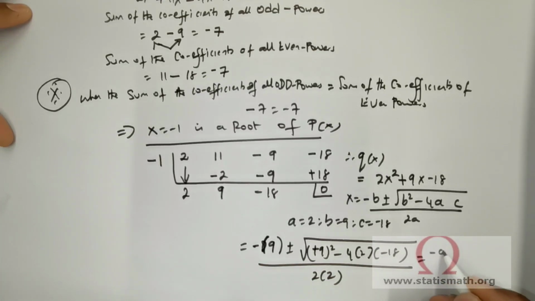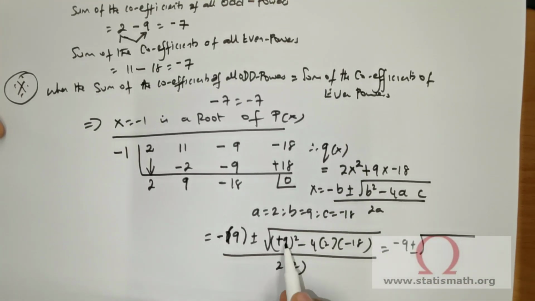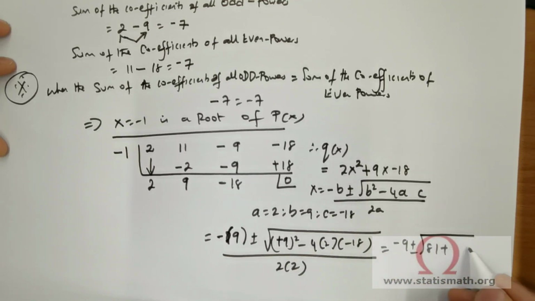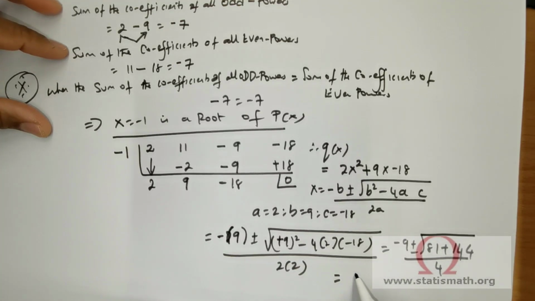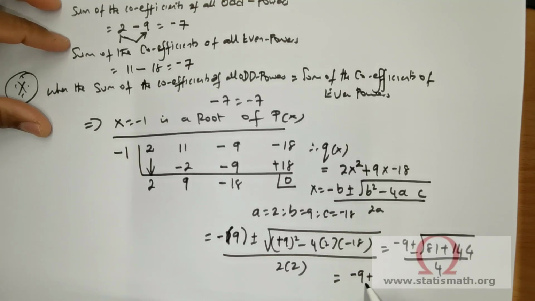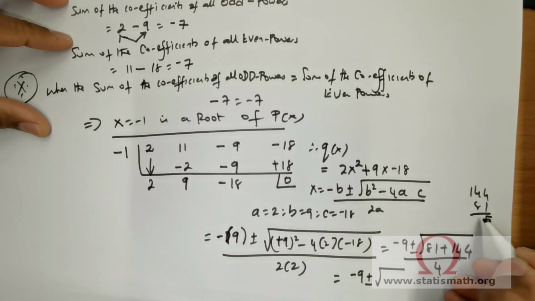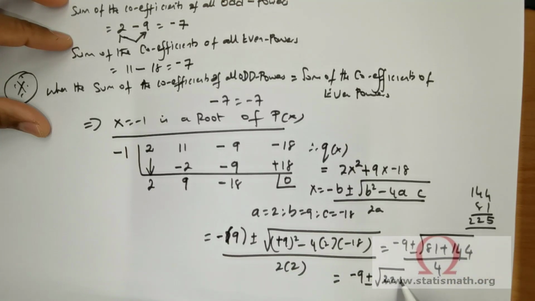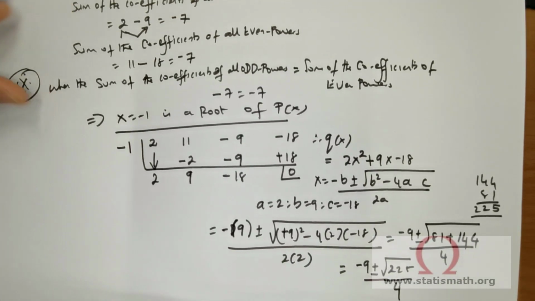This is equal to −9 ± the square root of: 9 squared is 81, negative negative is positive, 4 times 2 is 8, 8 times 18 is 144, divided by 2 times 2. Now if you add up these two things, you get −9 ± √(144 + 81), which is 225, divided by 4. So this is what you've got.